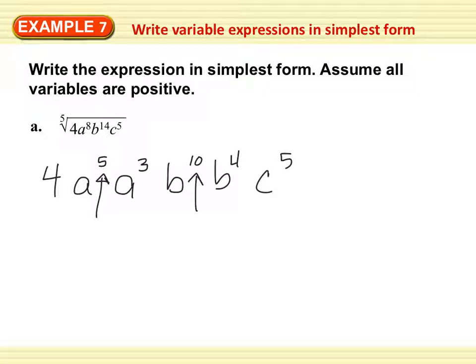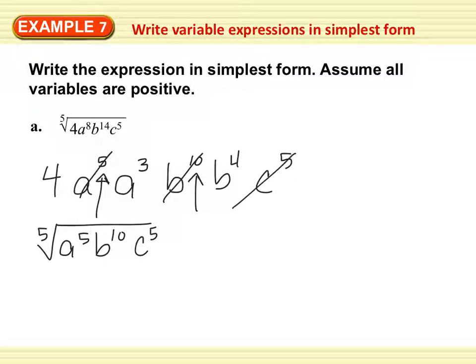So let me take out all of the things that are perfect 5th powers: a to the 5th, b to the 10th, and c to the 5th. And leave in everything that's not perfect: a to the 3rd, b to the 4th.